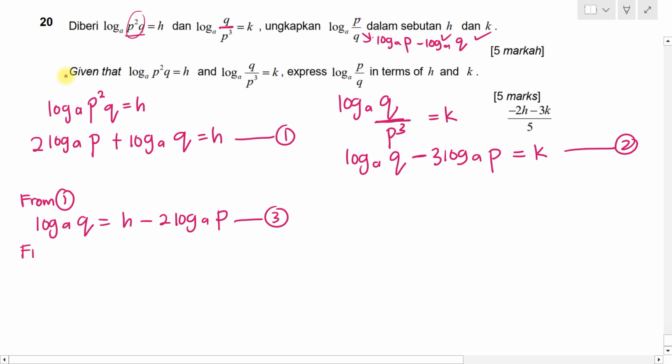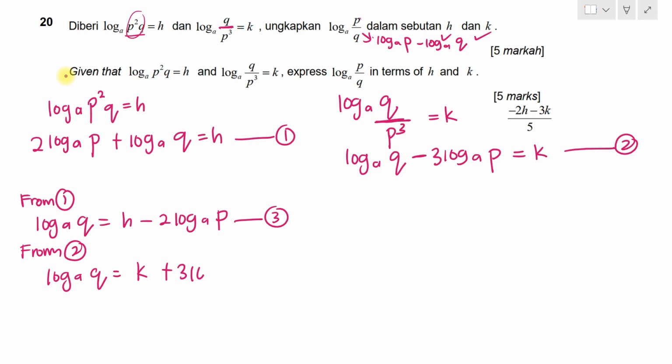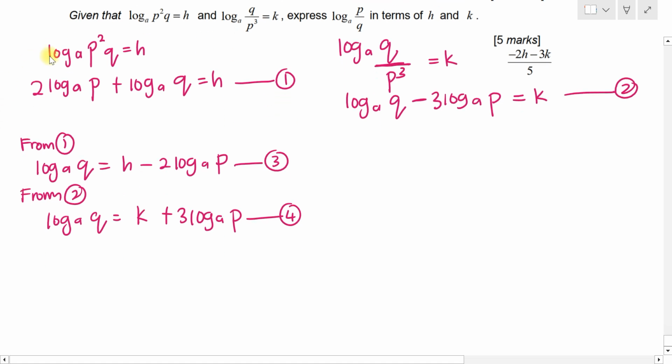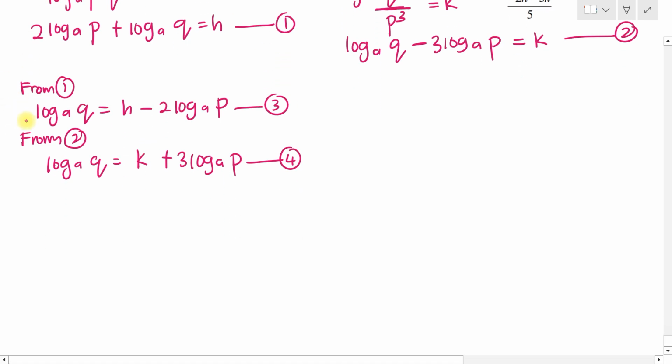And from 2, log AQ is equal to K plus 3 log AP. Equation number 4. Notice that 3 and 4 are the same, log AQ, right? So 3 should be equal to 4.